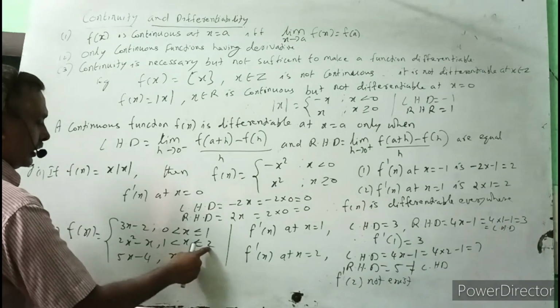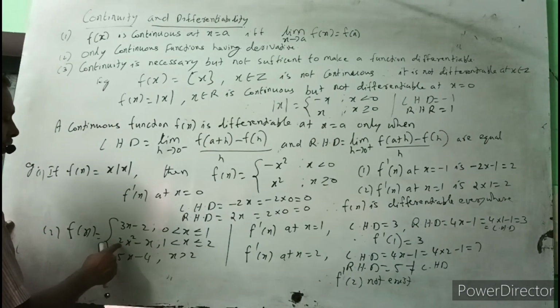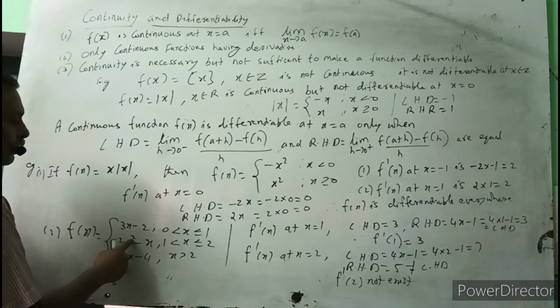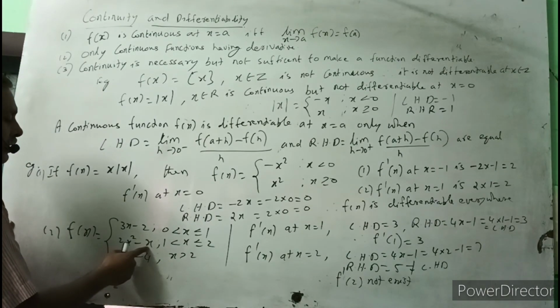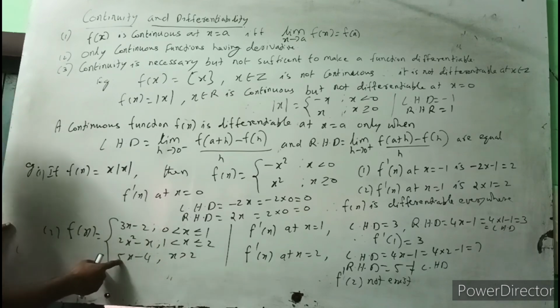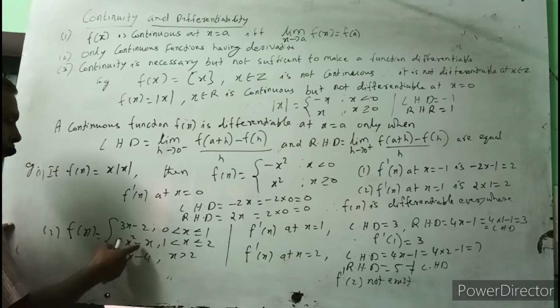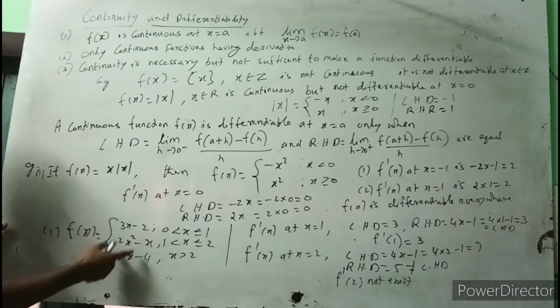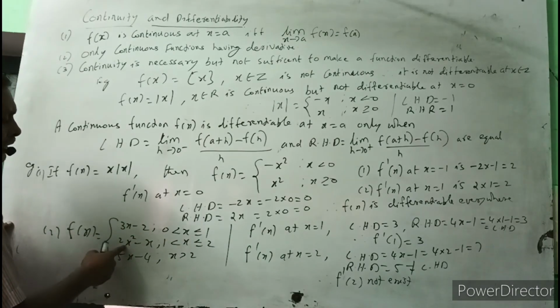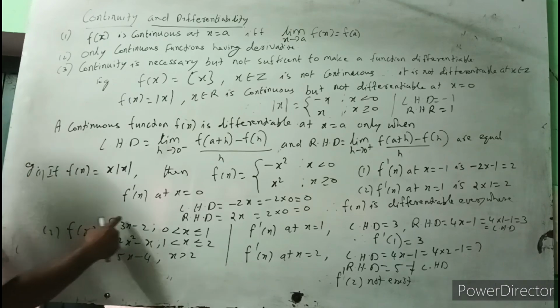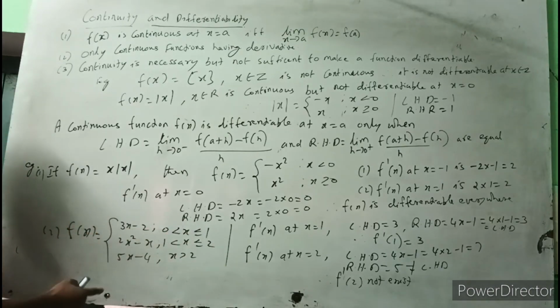But when I put x equal to 2, what happens? 2 into 4 is 8, minus 2, that is 6. And when you put it here, here also it is 6, so it is also continuous. So this graph is continuous everywhere.